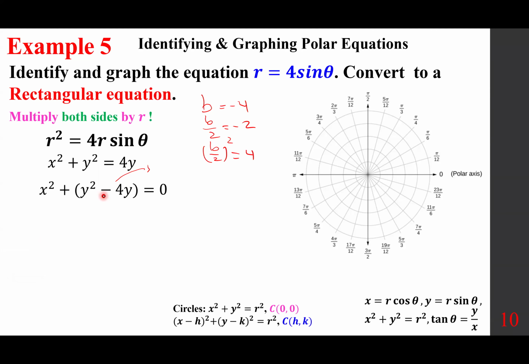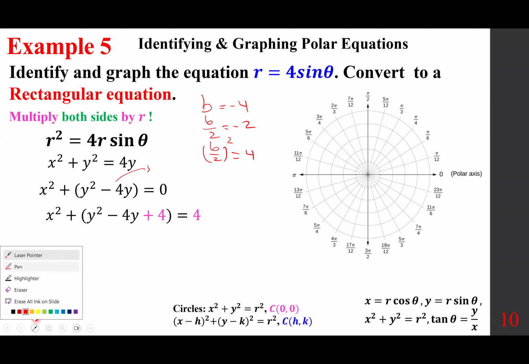Let's add +4 to both sides. Again, this is x squared, this is y, and whatever b over 2 is, -2, y -2 quantity squared.